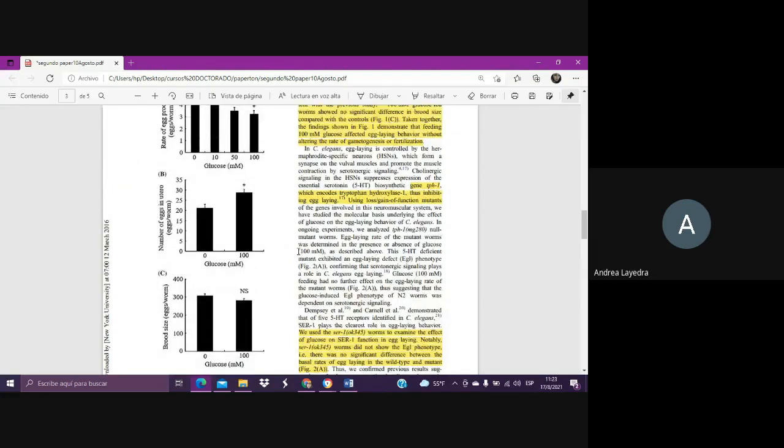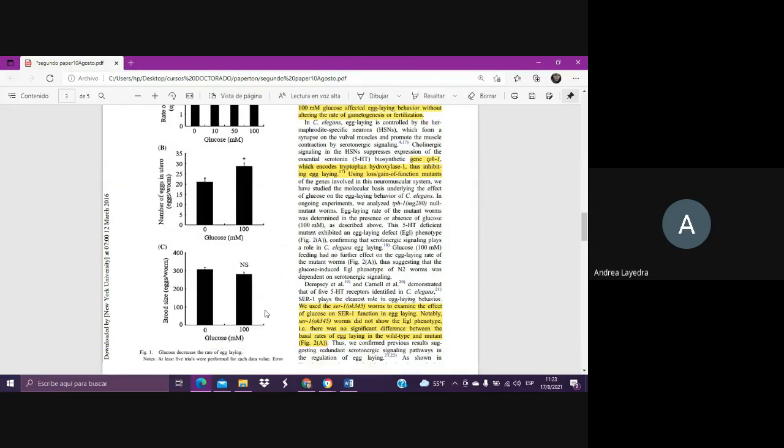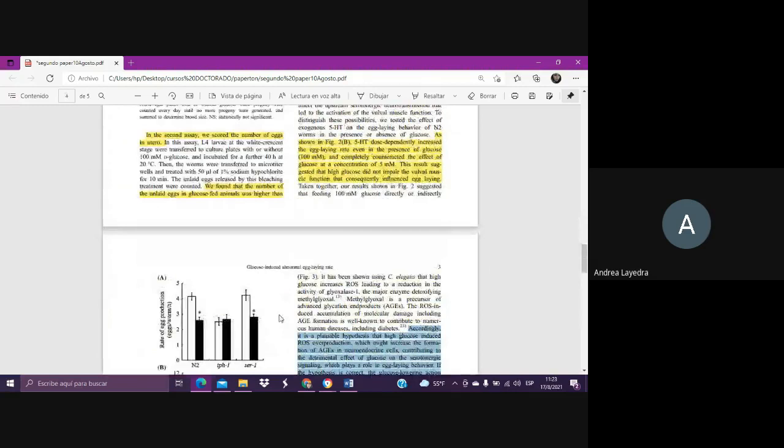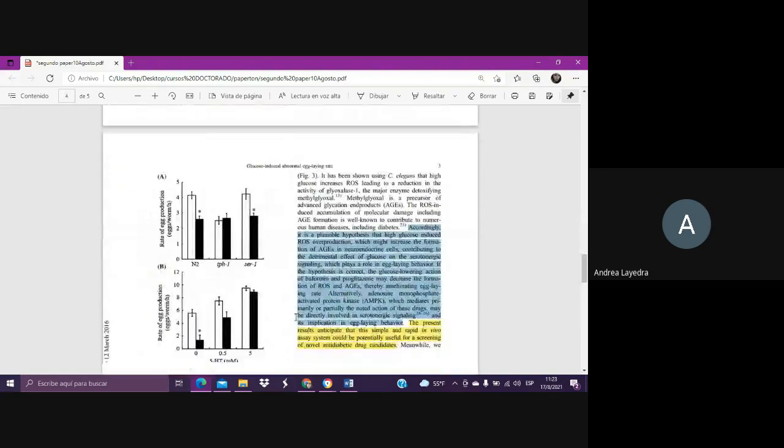Taken together, the findings show in this figure that feeding 100 millimolar glucose affects egg-laying behavior without altering the rate of gametogenesis and fertilization. Egg laying is controlled by the hermaphrodite-specific neurons, HSN.